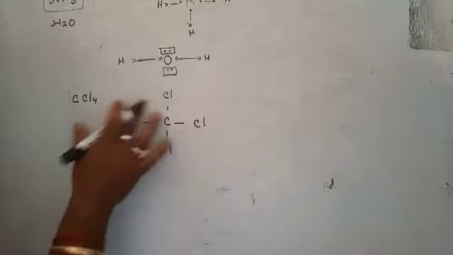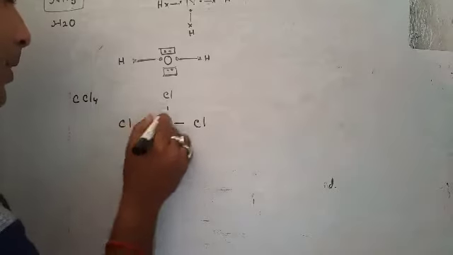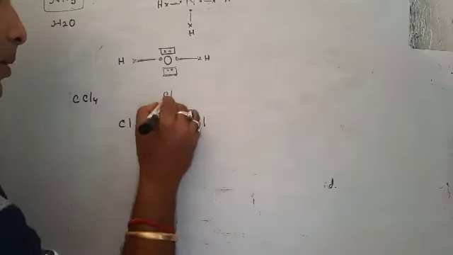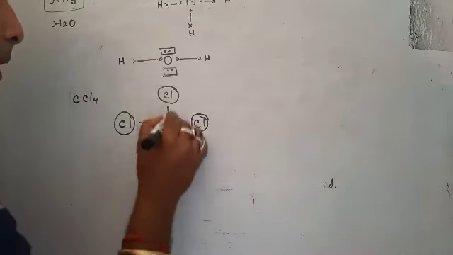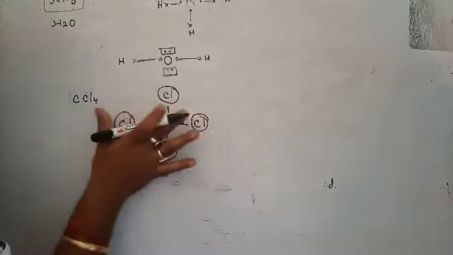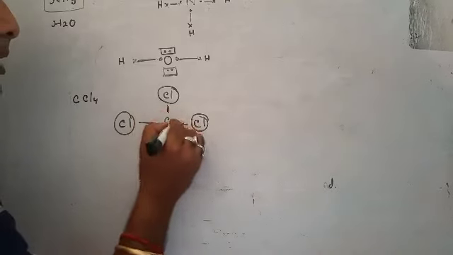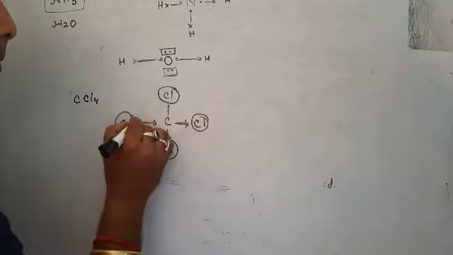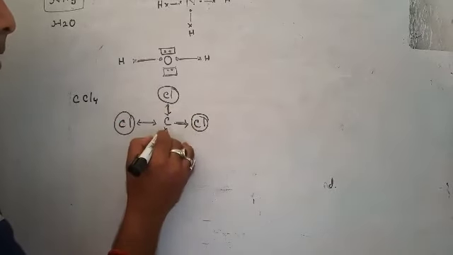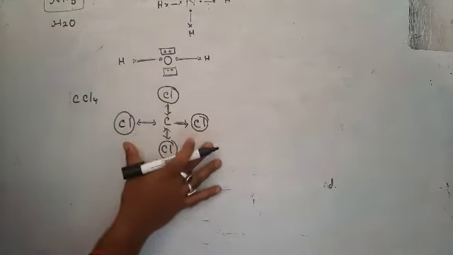So why is it non-polar? It is because of the geometrical figure. Everywhere the chlorine is there, and the attraction is at the same distance. This is only from the geometrical figure.